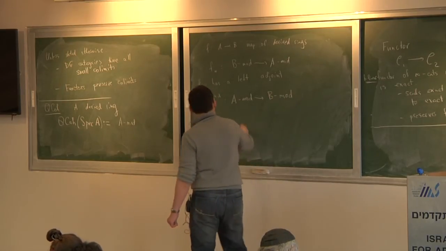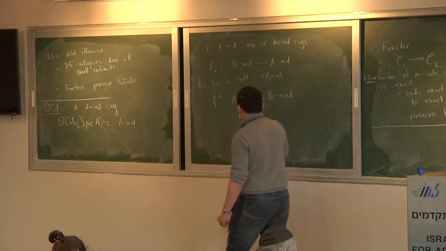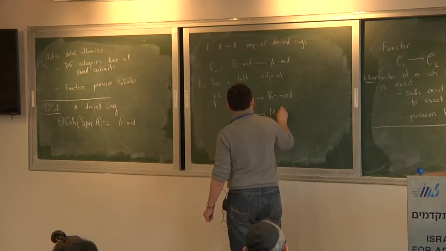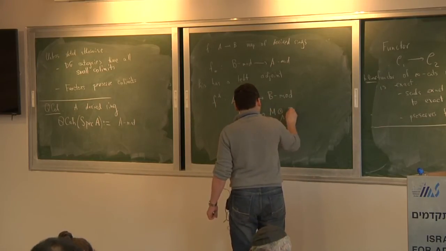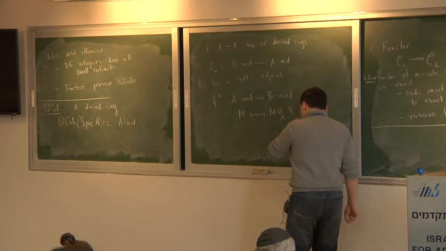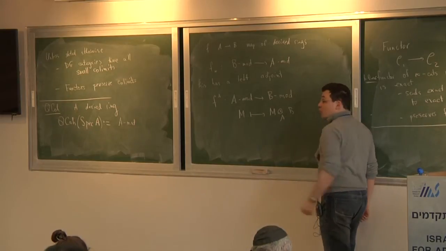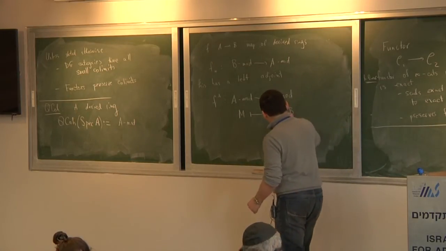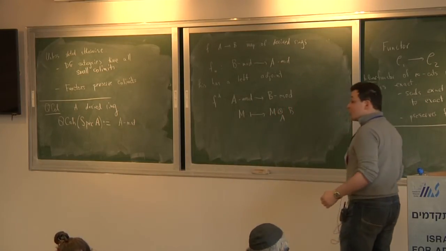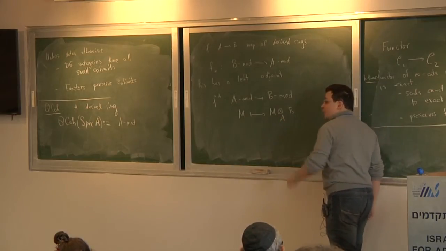And this is exactly what you think it is. If I have a module M, it sends it to M tensor over A with B. One caveat is that this is the derived tensor product. So if I wasn't suppressing all these derived symbols, I would put an L here.